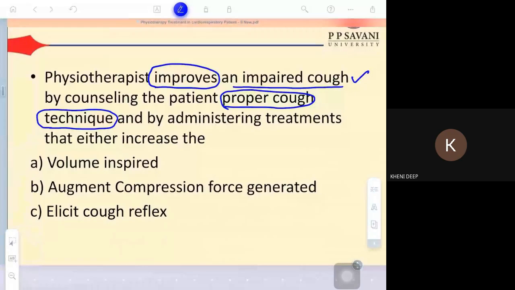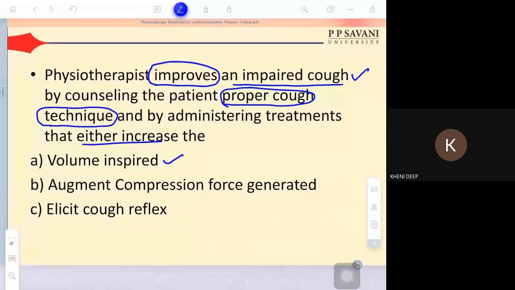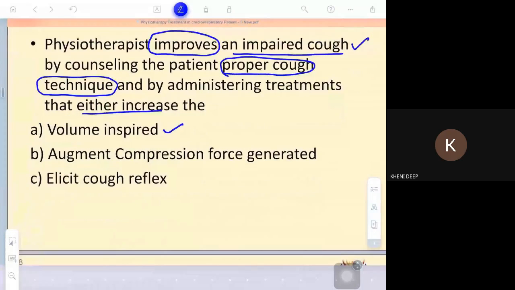Clear? So if the proper cough technique is taught to the patient, what is proper cough technique? It either increases the inspired volume, or facilitates the compression force generated, or elicits the cough reflex.